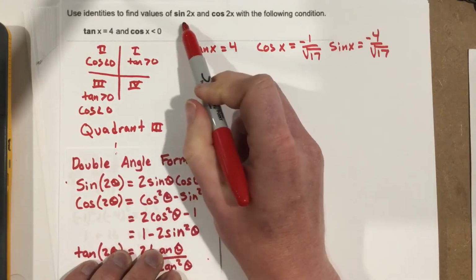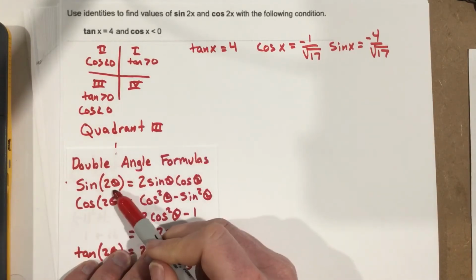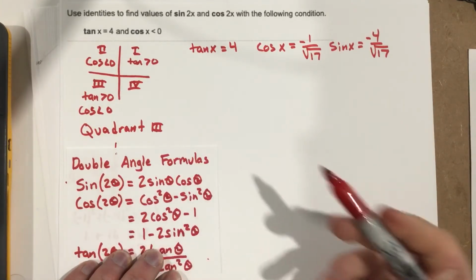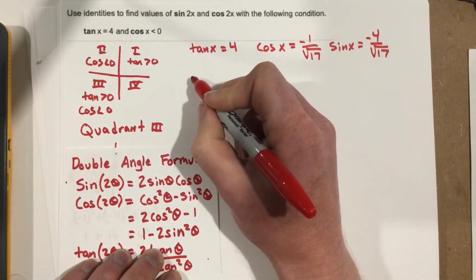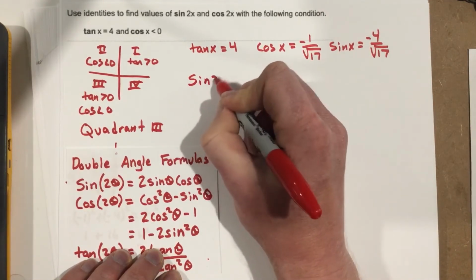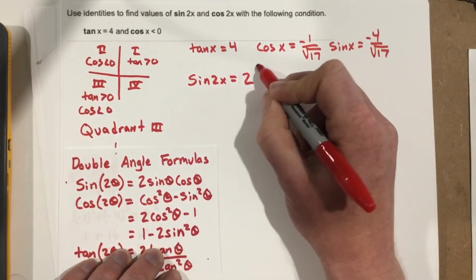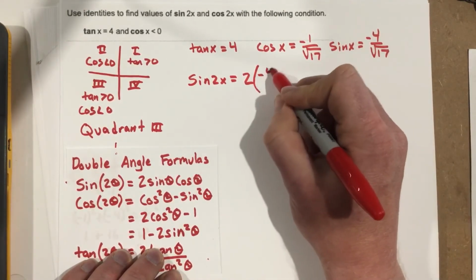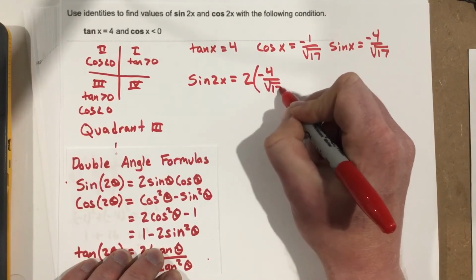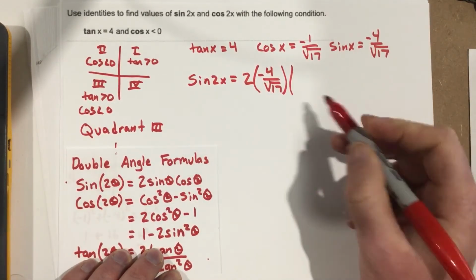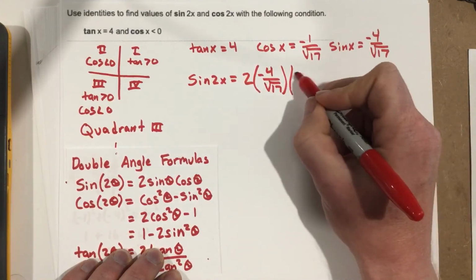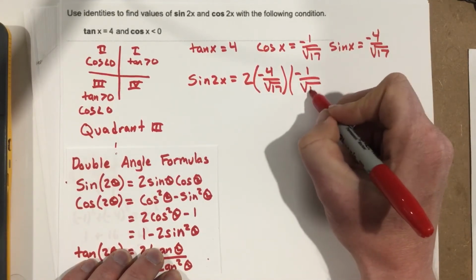Sine 2 theta, they want sine 2x. Sine 2 theta is just replacing theta with x, same idea. So we're going to say that sine 2x is equal to 2 times sine x. Sine x is negative 4 over root 17. And cosine x, which is negative 1 over root 17.